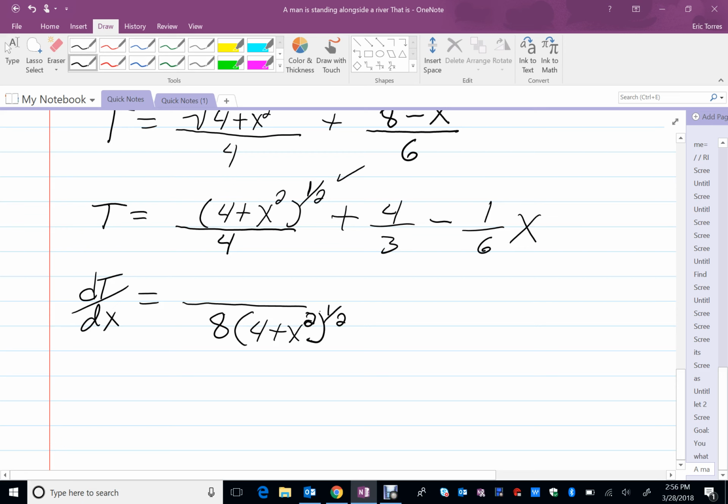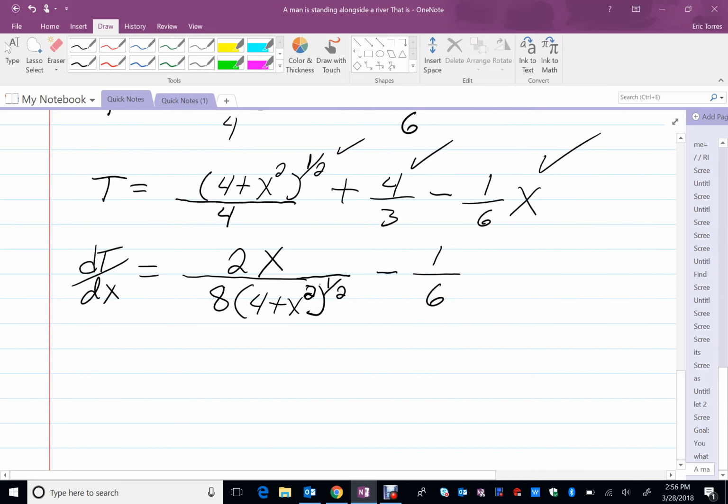And now I'm going to take the derivative of the inside, because I have to use the chain rule, or u substitution, and inside the function, 4 plus x squared's derivative is 2x. The derivative of this component is 0, and the derivative of the last term is negative 1 over 6.